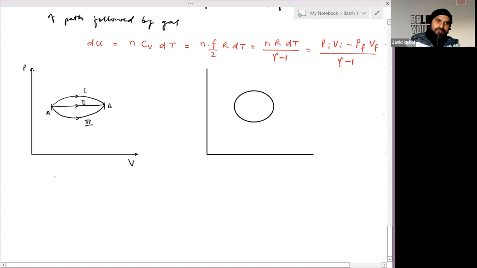You'll be asked, what will be the relation between change in internal energy along these three different paths? You will say, since the initial and final point for all three paths is the same, and change in internal energy depends only on the initial and final point, these three must be equal to each other. Is it clear?